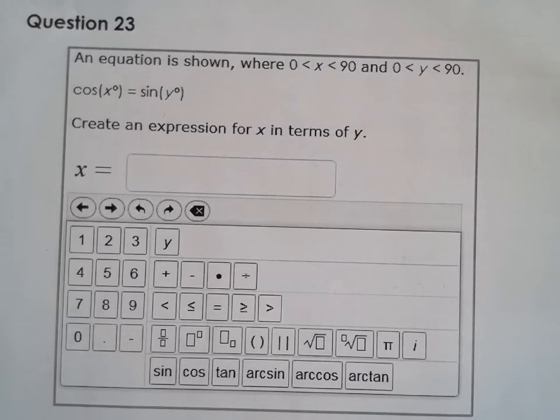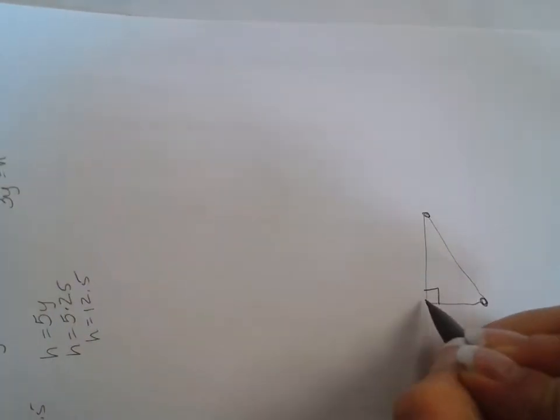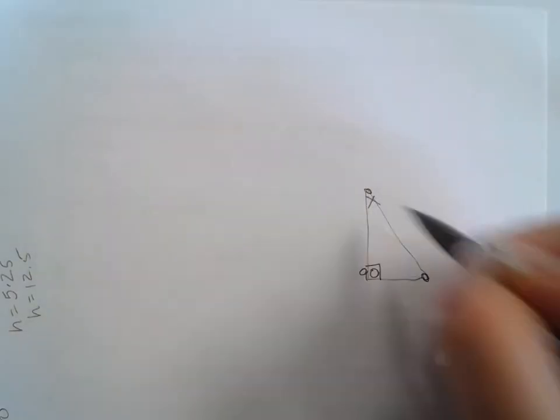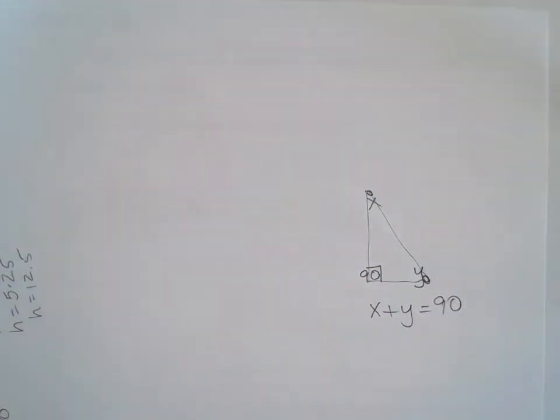When you hear cosine, sine, what's the first thing you think of? What kind of function are we doing? Yep, right triangle, absolutely. So that means this is 90, right? That means x and y have to equal 90. Do you agree with that?